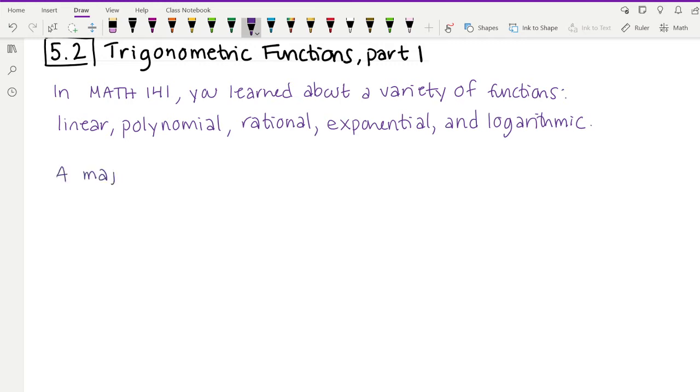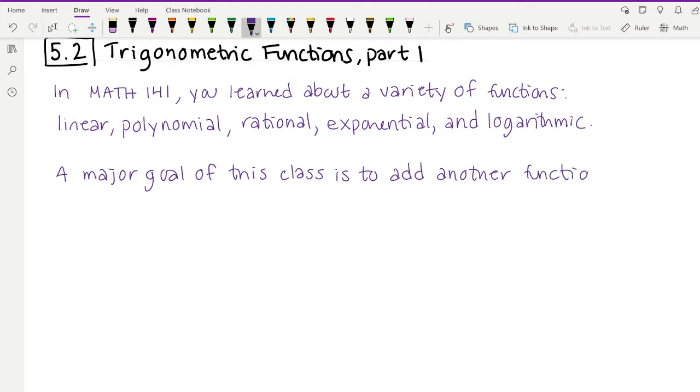A major goal of this class is to add another function type to that list of functions that you know how to work with. And so the type of functions I'm talking about here is trigonometric functions.